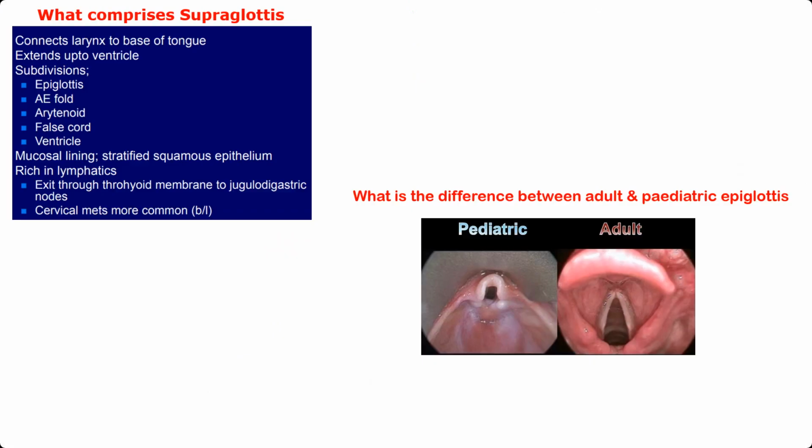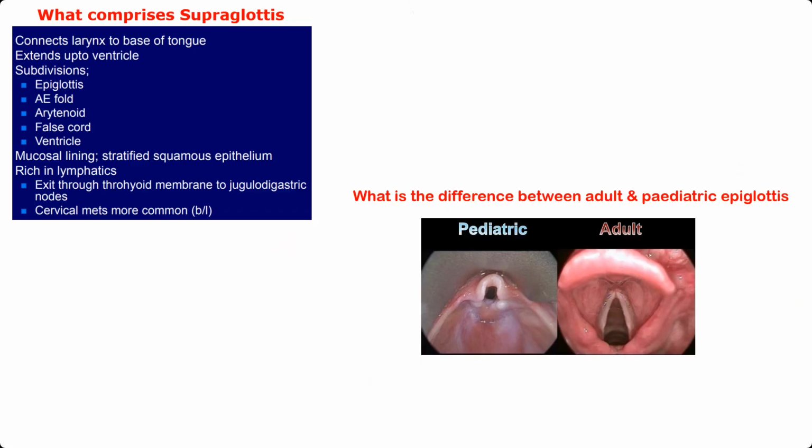The questions asked in the OSCE after showing this were: what is the shape of the pediatric epiglottis, what is the importance of this, and what will you do when you intubate in this case? What is the difference between intubating an adult and a pediatric patient with these two different epiglottises? In pediatrics, we use a Miller blade so that we lift the epiglottis along with it to view the opening.